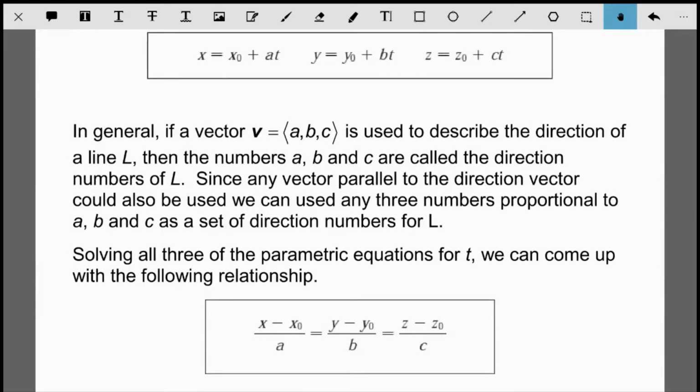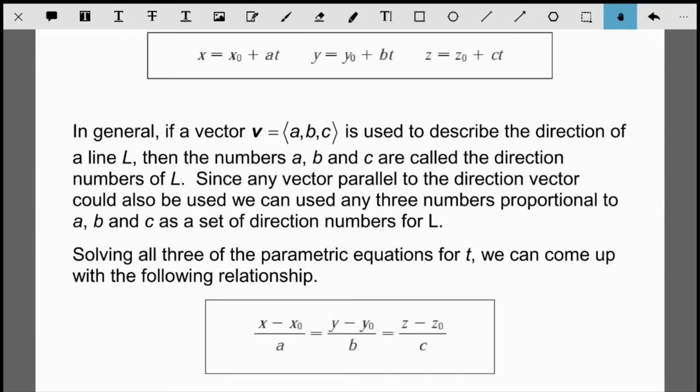So same idea, just writing it in a slightly different form and breaking those out into the x, y, and z equations individually. Once we've done that, we can also write what we call the symmetric equations of a line. Basically, these are just a way that I can show equivalency for that parameter t.